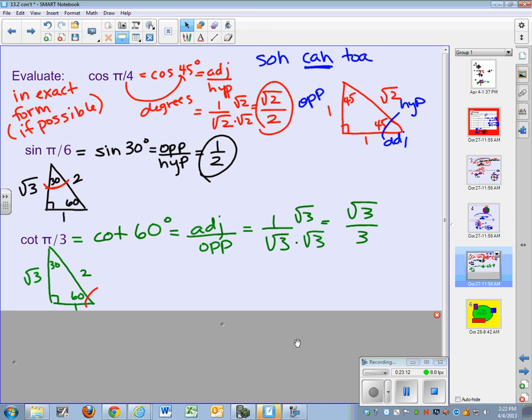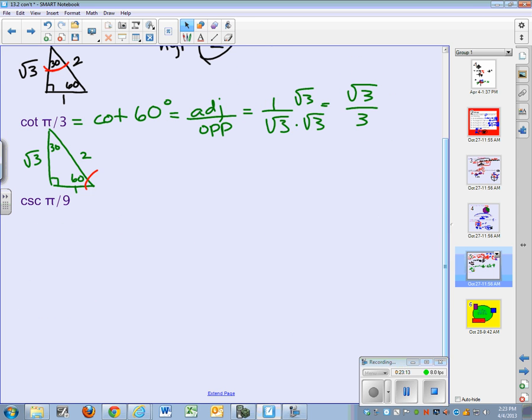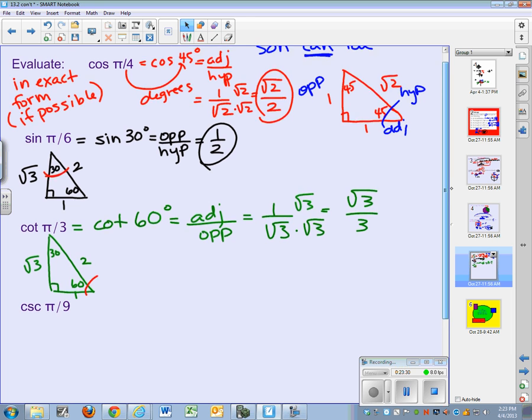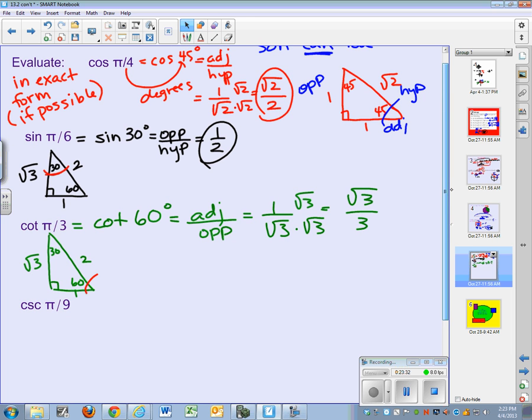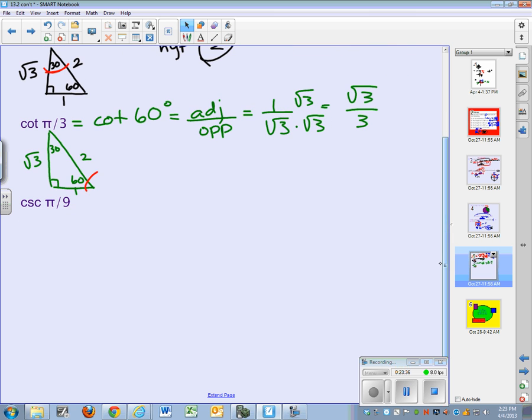Okay, one more problem. Find pi over 9 on your unit circle. There is no pi over 9, right? Okay, so in the problem when it says give an exact form if possible, this one's not possible to give an exact form. This is a calculator problem. So grab your calculator again.